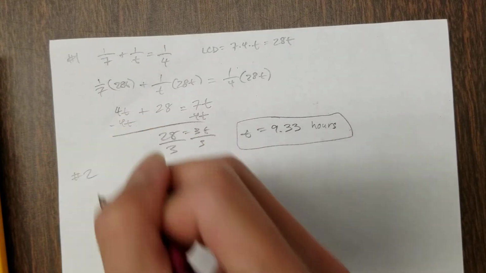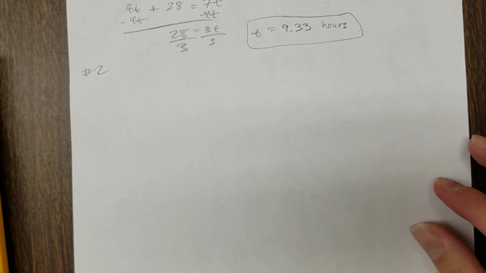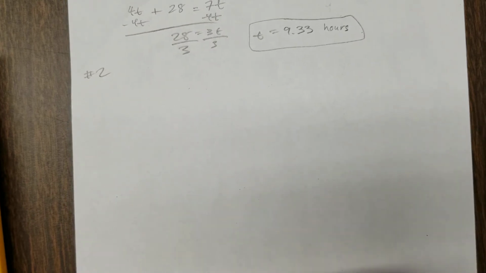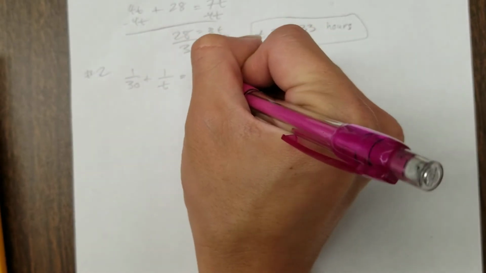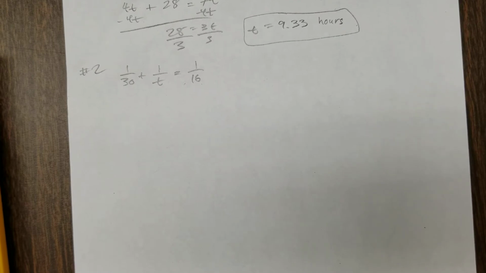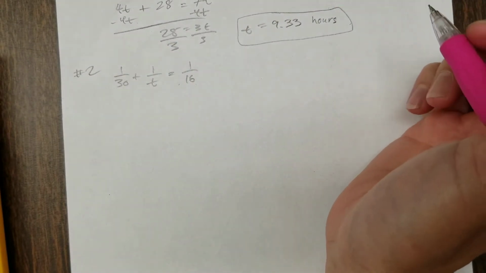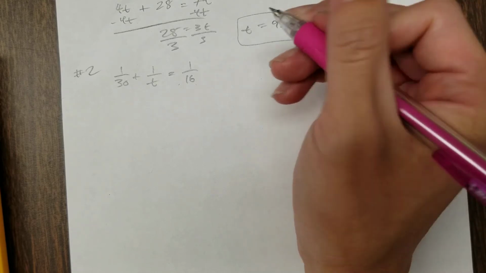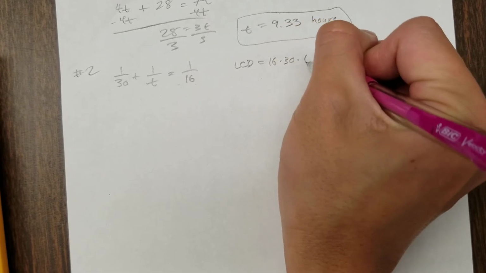Now, second problem. Okay, so we were given Jake and Ross. 1 over 30 plus 1 over t equals 1 over 16. If I look at this, my least common denominator would be 16 times 30 times t.